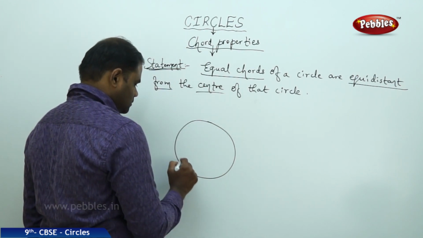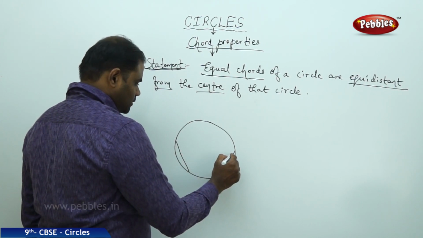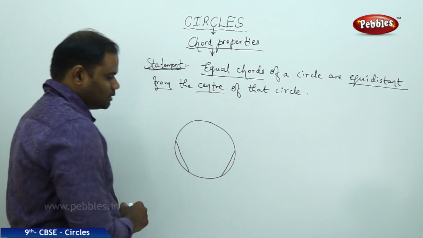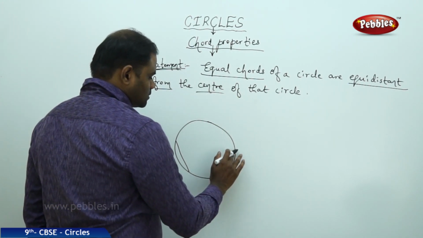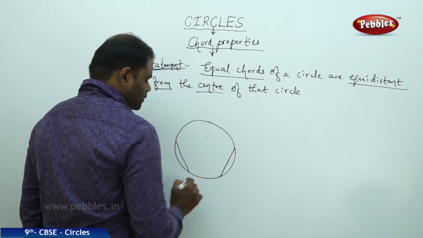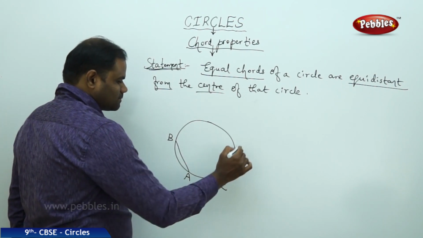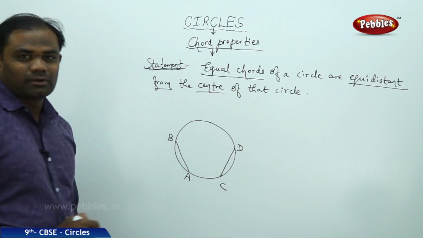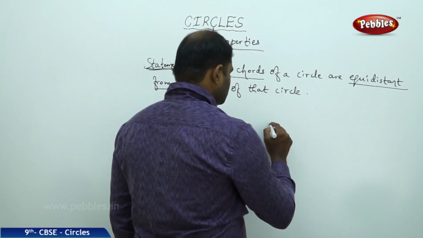Say, here is my chord and here is my other chord, and both the chords are of equal length. So AB is the chord and CD is the chord for this circle in such a manner that they are equal.